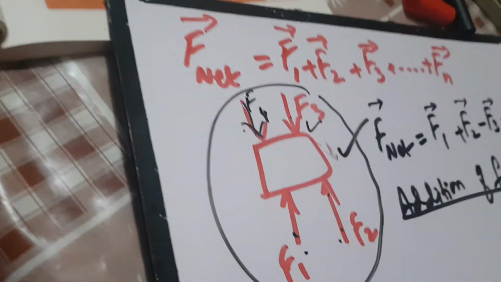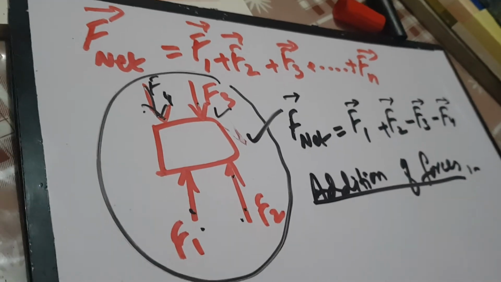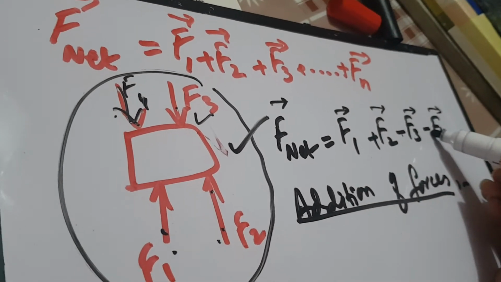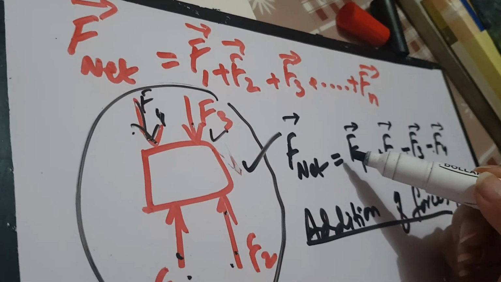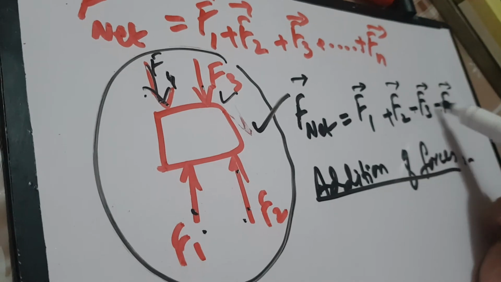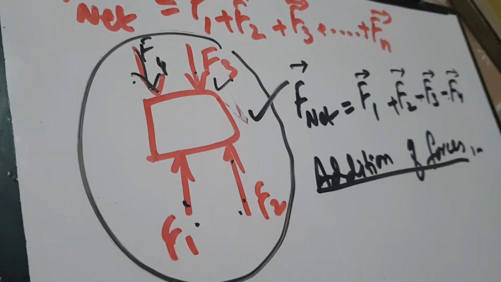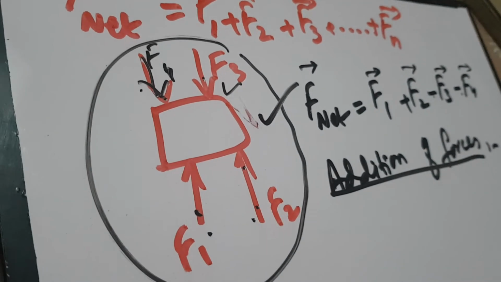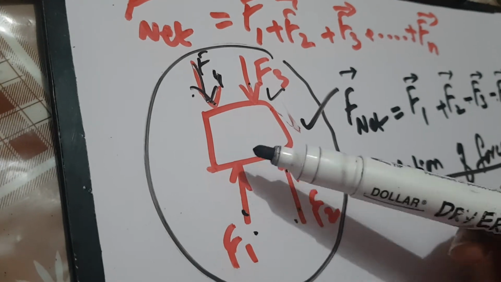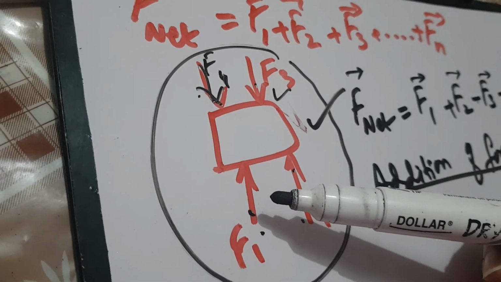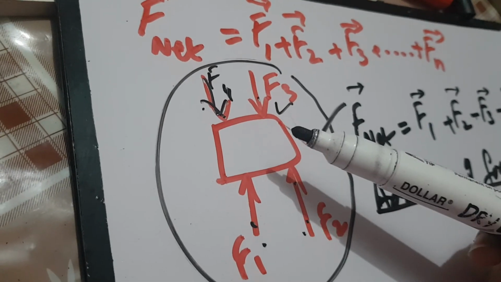There may be some confusion in your mind: why do you write the negative sign with F3 and F4, why not with F1 and F2? It's fine. You can make those negative and these two forces positive. It doesn't matter. Your answer will be the same. You can also just take one direction as the frame of reference, and add the other forces to it.